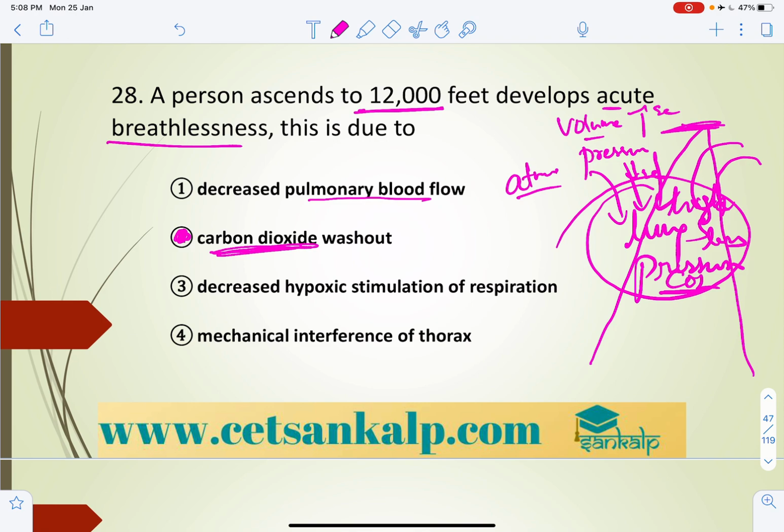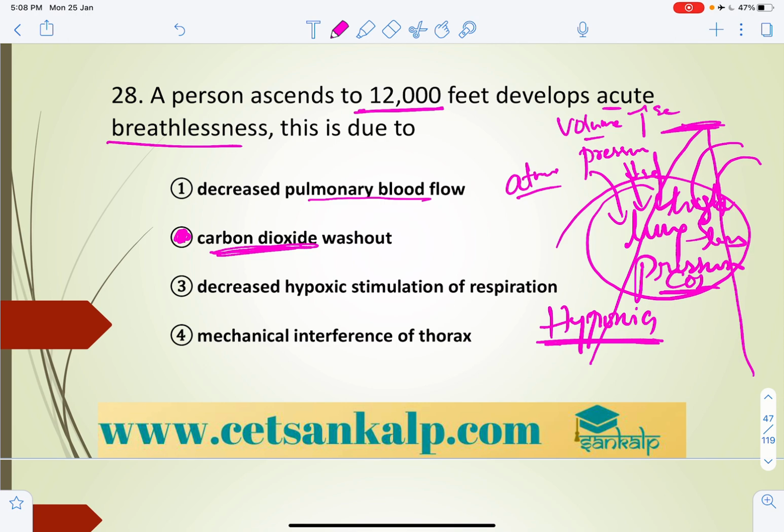Breathlessness is mainly because of the carbon dioxide washout. When the person moves to altitude, generally the oxygen concentration decreases, where the condition called hypoxia, less availability of oxygen, will be there.